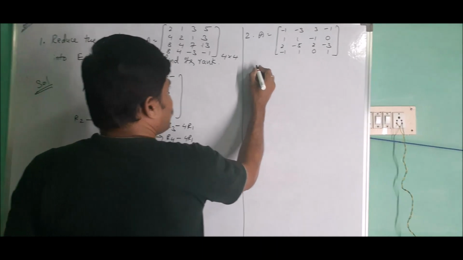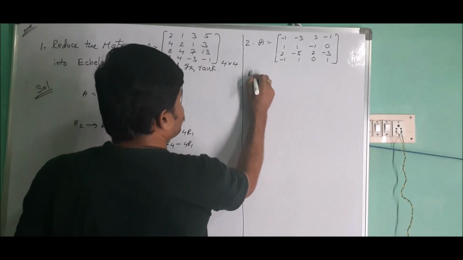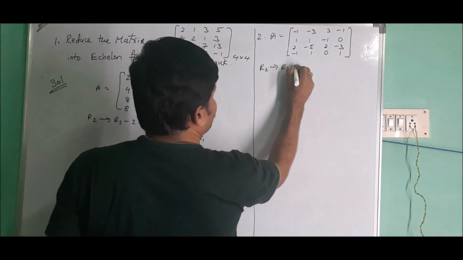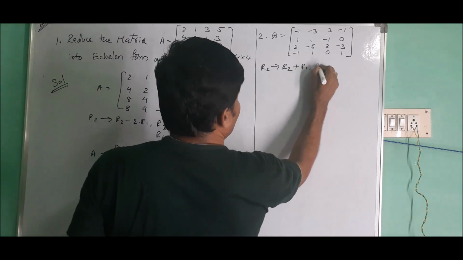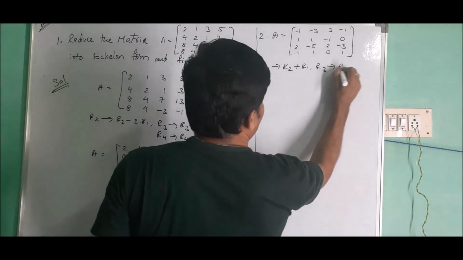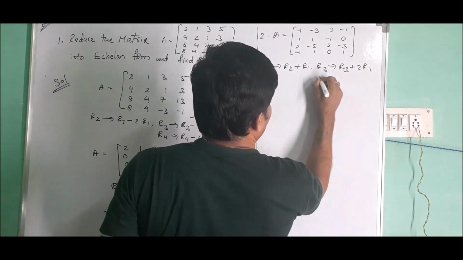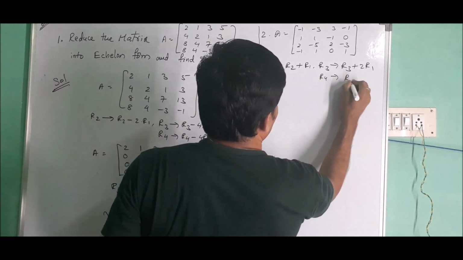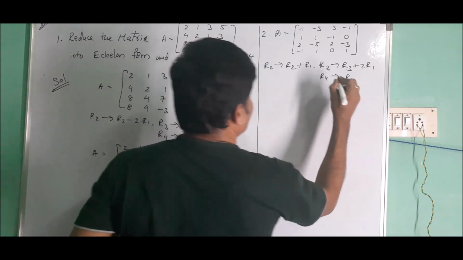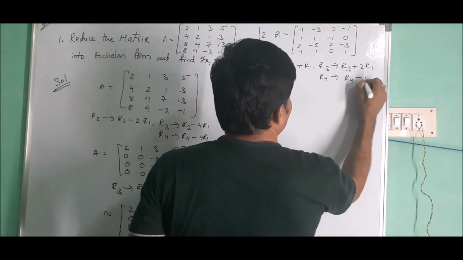Now the transformations are R2 changes to R2 plus R1, R3 changes to R3 plus 2R1, R4 changes to R4 minus R1.